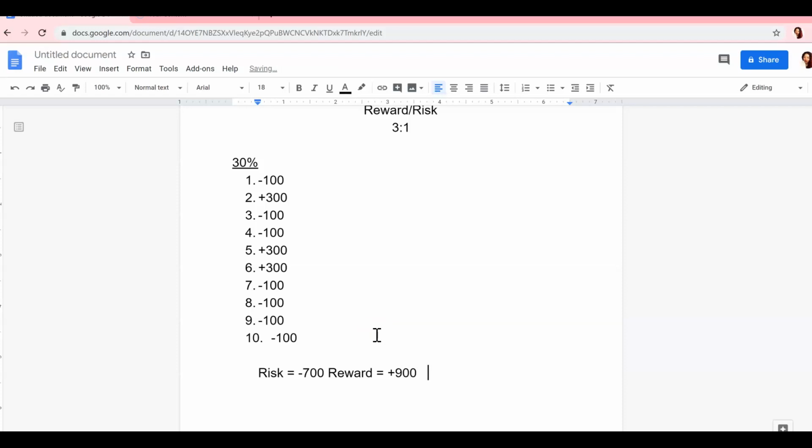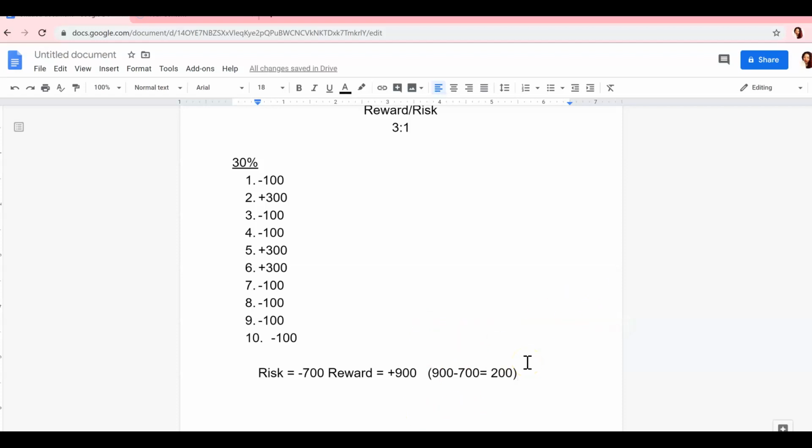So 900 is what our reward is, and we're going to minus 700 because we lost $700. Our profit is $200.